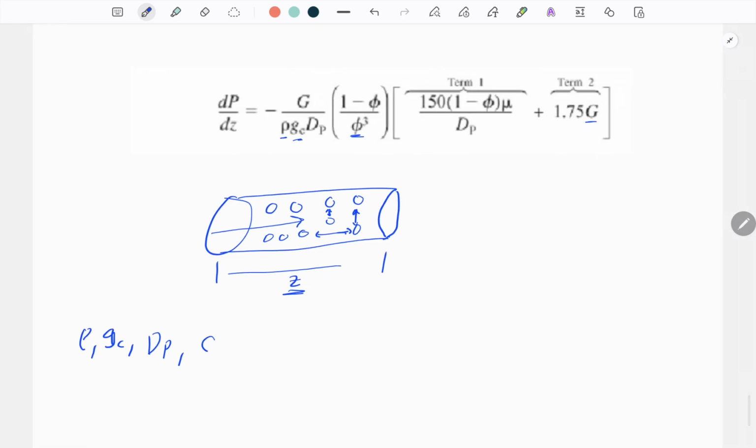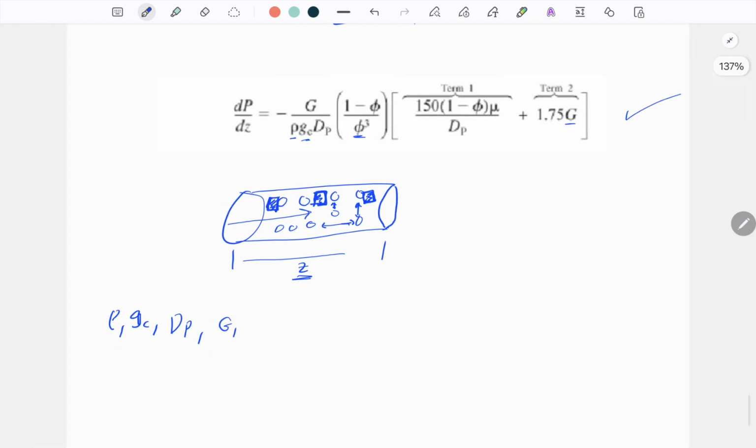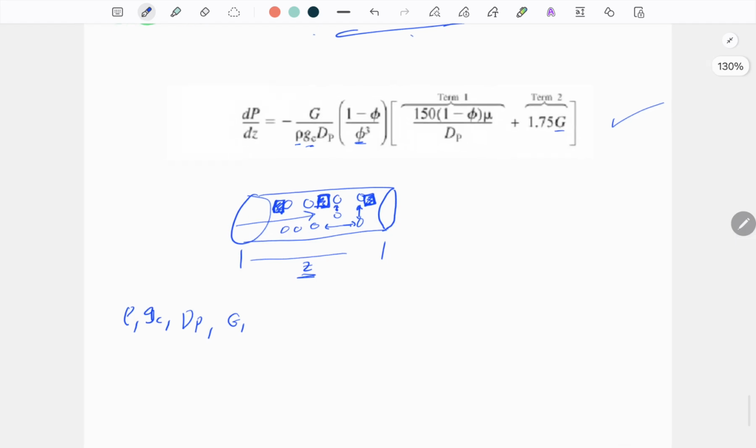And G, which is the superficial mass velocity, which is basically a differential amount of mass that is traveling from one point to the other, and that's the velocity of that mass. Okay, so these are the factors that affect the Ergun equation.